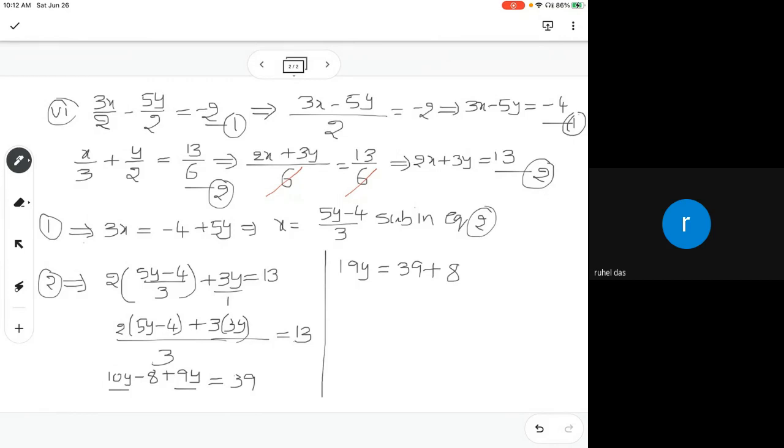Sir, y will be 3. Oh, you are saying the y value first, starting. Okay, what do you get here? 19y is equal to 47, isn't it?